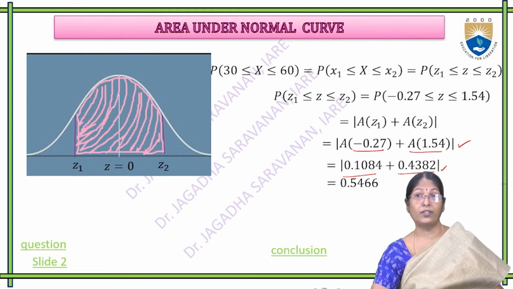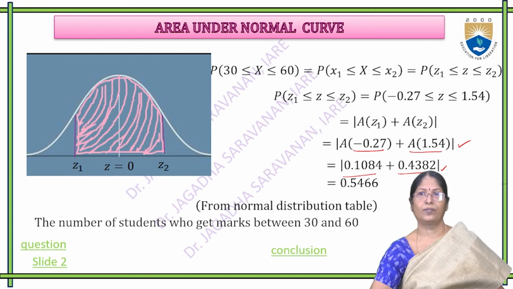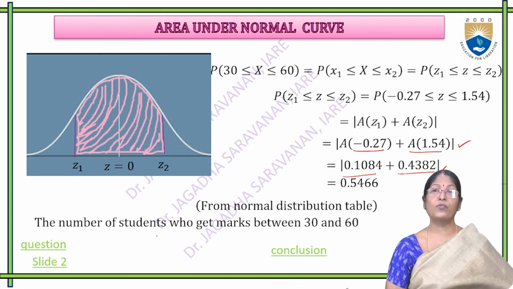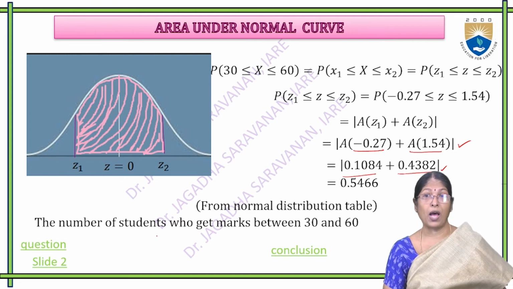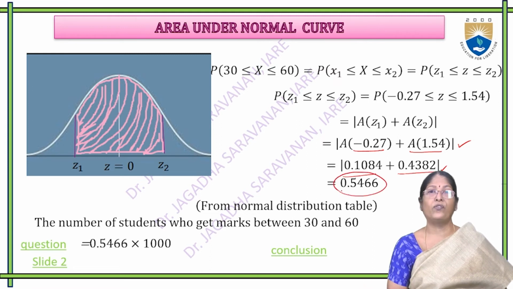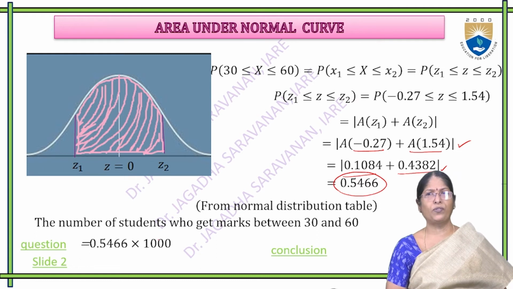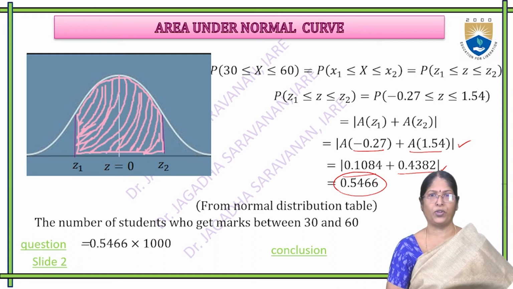But this is what we have done for each student. The question which is given says 1000 students are there. That is, the number of students who got marks between 30 and 60, the total being 1000 students. That is the reason we multiplied the area we obtained by the 1000 which is given. Suppose if it is not given, we can stop here.